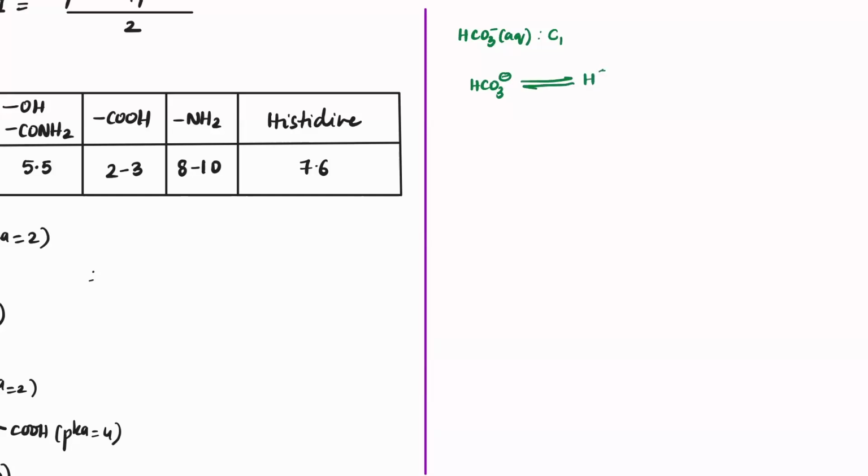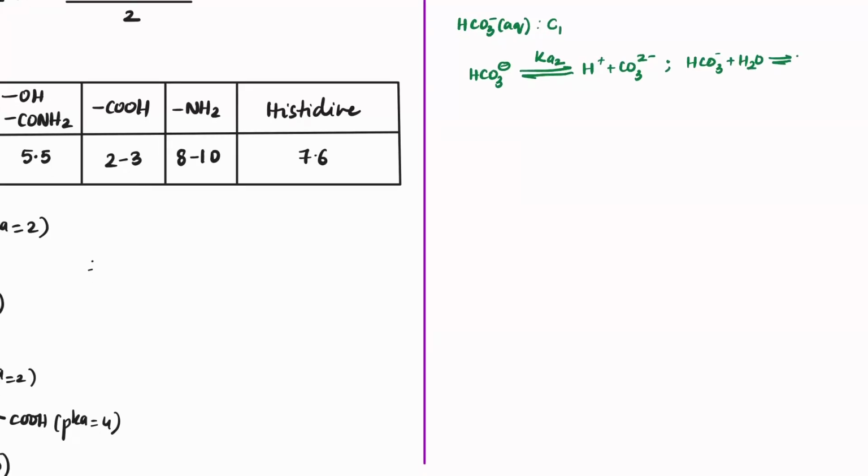It can give H+ and CO3 2-, which we call Ka2. At the same time, HCO3- can react with water. It can hydrolyze in water and convert itself into H2CO3 plus OH-. These two reactions would happen.